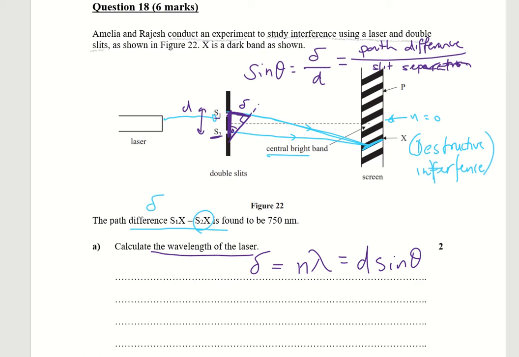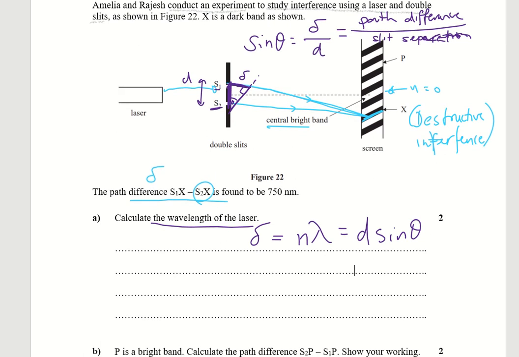Okay, let's try and calculate the wavelength of the laser we use. Based on this formula that I've just written out, I can see that path difference is equal to n times lambda. Now I know what the path difference is, 750 nanometers. Remember, nanometers is 10 to the minus 9 meters.